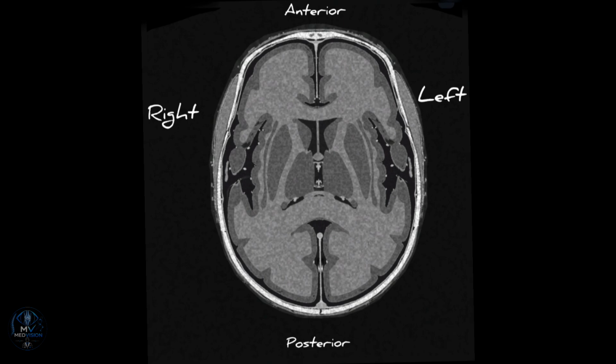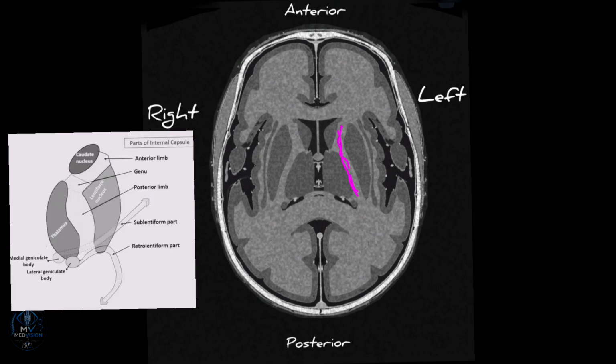Lateral to the caudate nucleus and thalamus is the internal capsule. This is the area of the internal capsule. It is one of the most clinically important white matter tracts in the brain because it carries major ascending and descending fibers. It contains corticospinal, corticobulbar, thalamocortical, and other projection fibers.